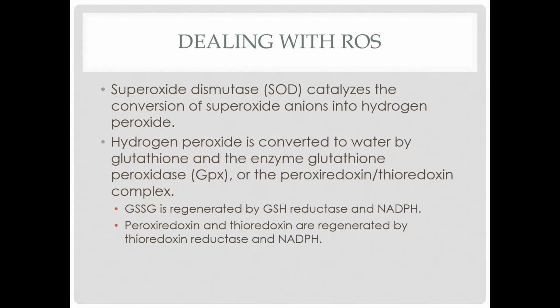So if catalase gets overwhelmed, you can use glutathione and two different enzymes: either glutathione peroxidase, which is GPX, or the peroxiredoxin, thioredoxin complex, which also uses glutathione and will convert hydrogen peroxide to molecular oxygen and water.